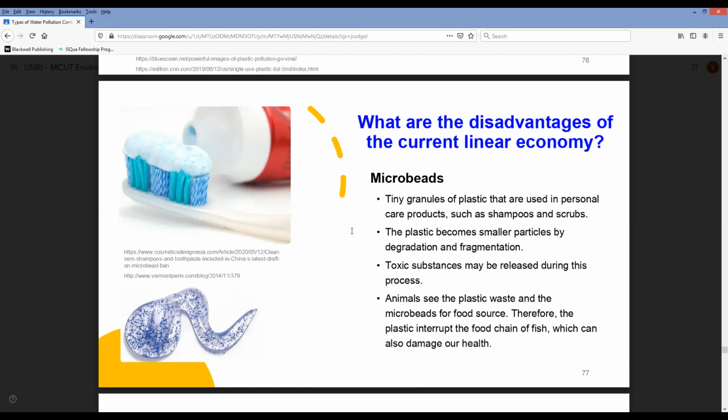When we use this kind of product, sometimes you swallow a little bit when you brush your teeth in the morning. And over a longer time, when it goes to the wastewater treatment plant, we are not able to treat this type of particle because it's too small. So these particles will go to the ocean and further pollute it. Okay, next please.